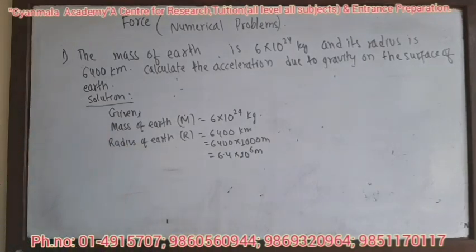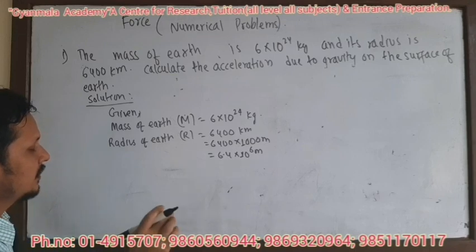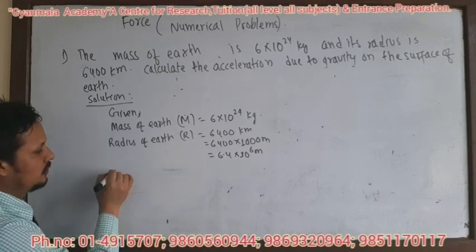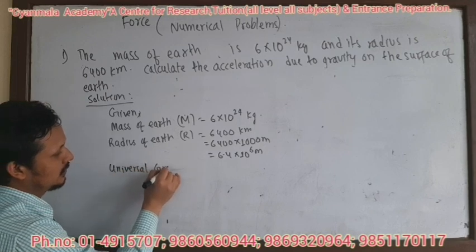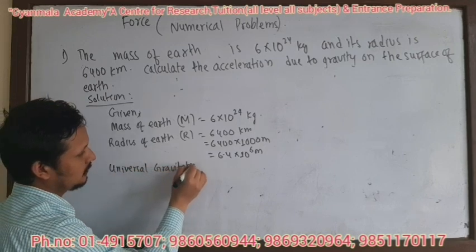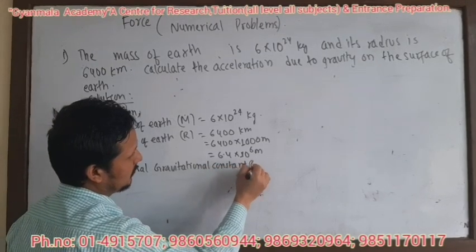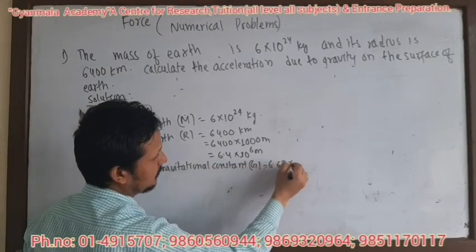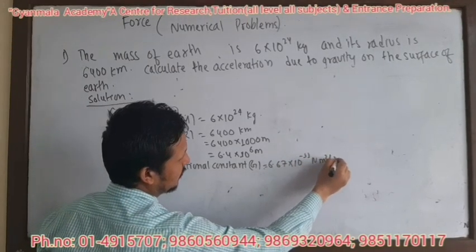To calculate the acceleration due to gravity, we need the value of universal gravitation constant. So universal gravitation constant G equal to 6.67 into 10 to the power minus 11 Newton meter square per kg square.